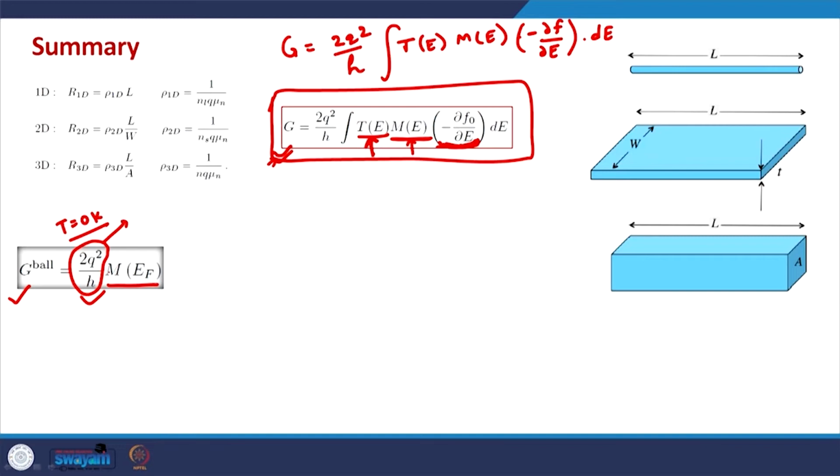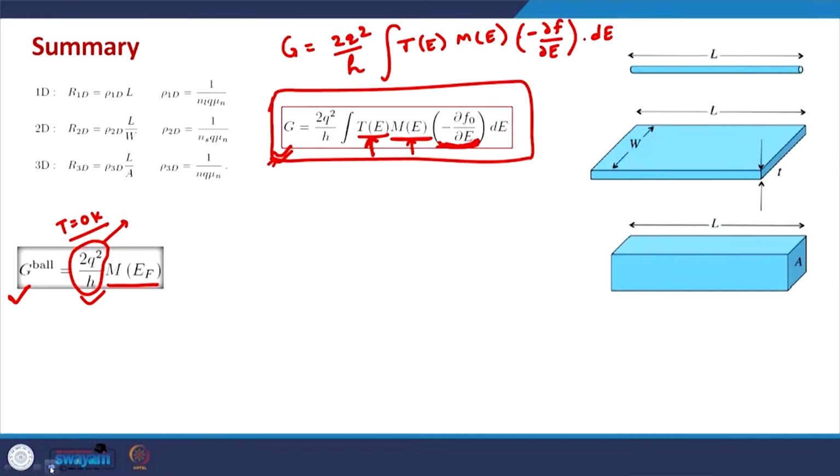If there are many modes, this will be more, but if the conductor is a diffusive conductor, in that case this conductance might go down, because the transmission coefficient will also come into the picture, and the transmission coefficient is always less than 1. So, this is the conductance at T equal to 0 Kelvin.